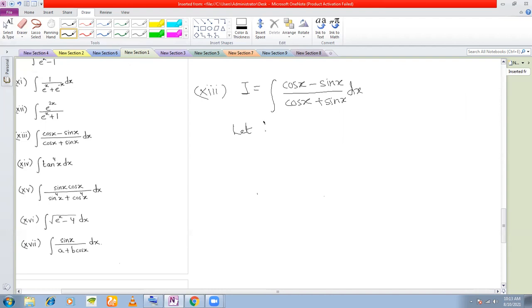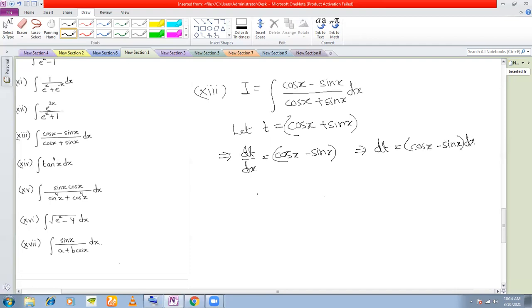So what you do is you put the denominator, cos x plus sin x, equal to t. So that means you get dt by dx is equal to cos x minus sin x. That means dt is equal to (cos x minus sin x) dx.